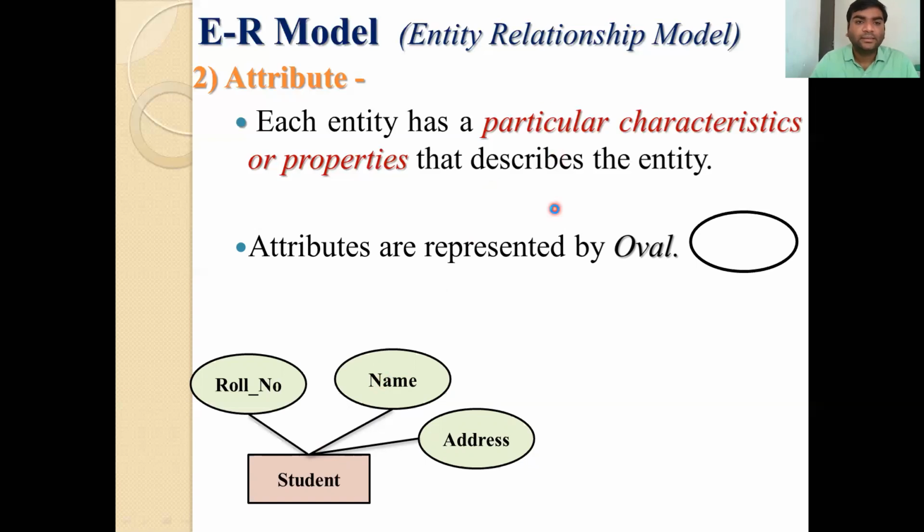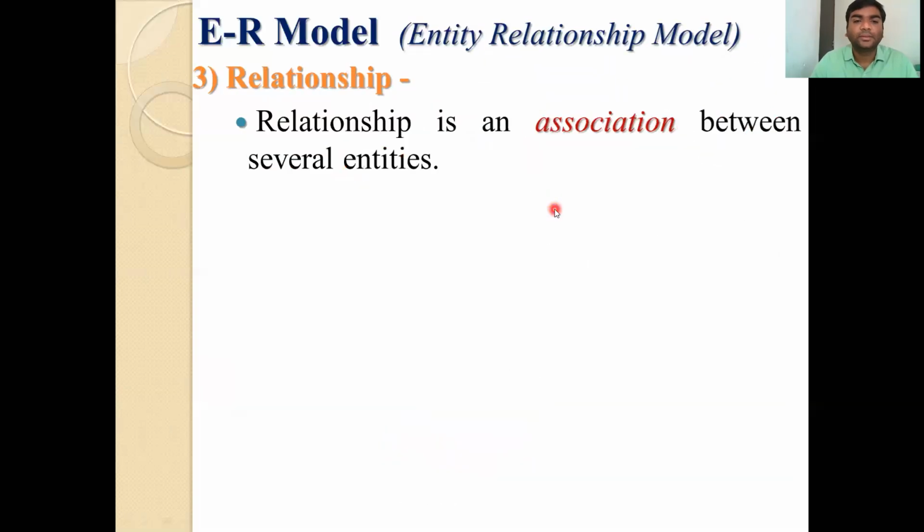Now the next concept about the ER model is a relationship. So relationship is an association between several entities. If we consider the example of a hospital management system, what entities are present there?